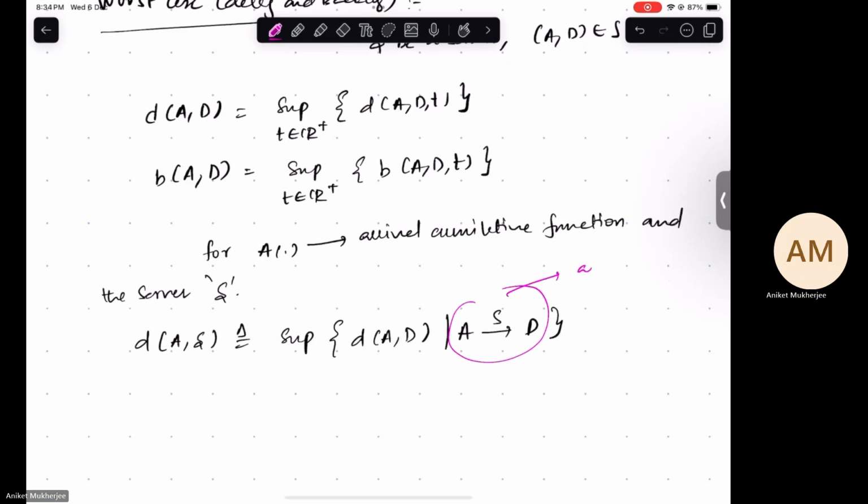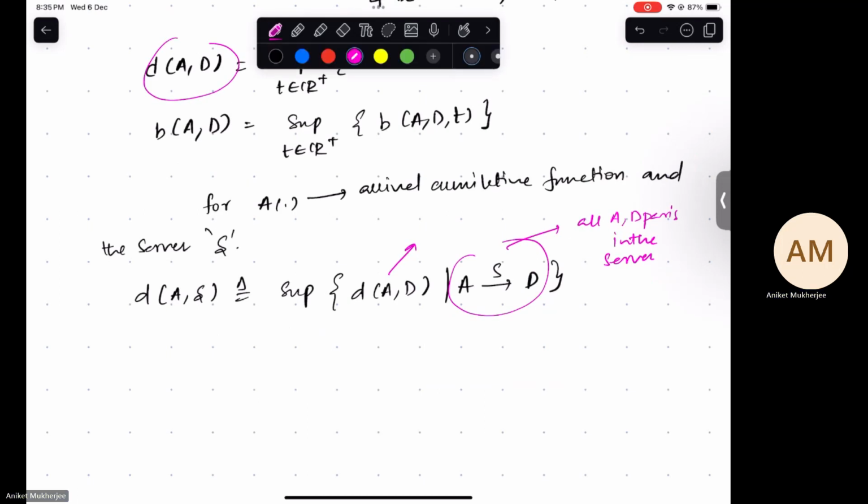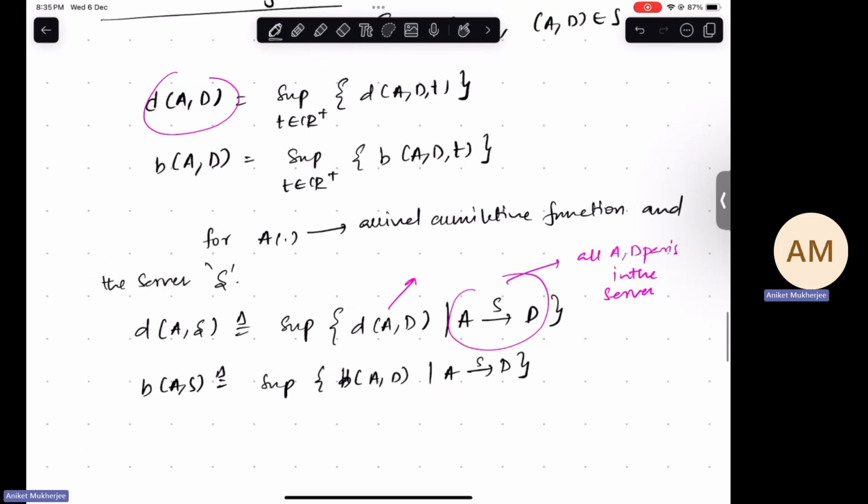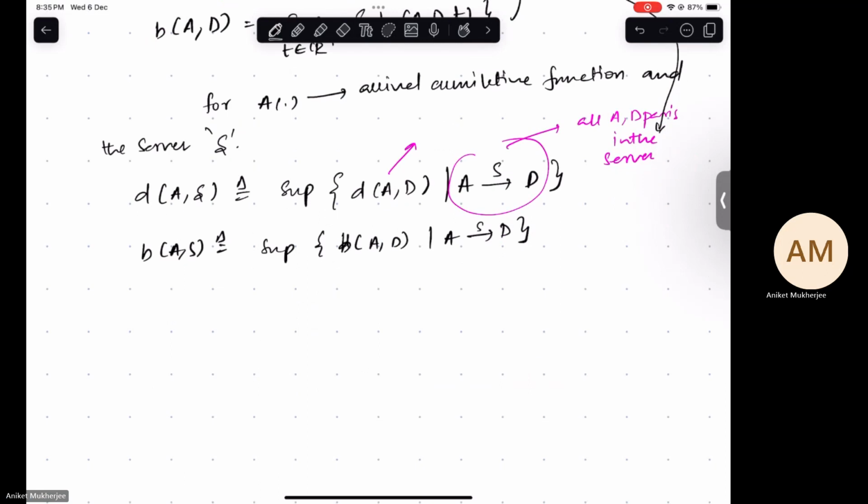You find the worst delay, right? Similarly, the worst case backlog is sup over b(A, D) such that (A, D) is in S. So you need to calculate these to find this.